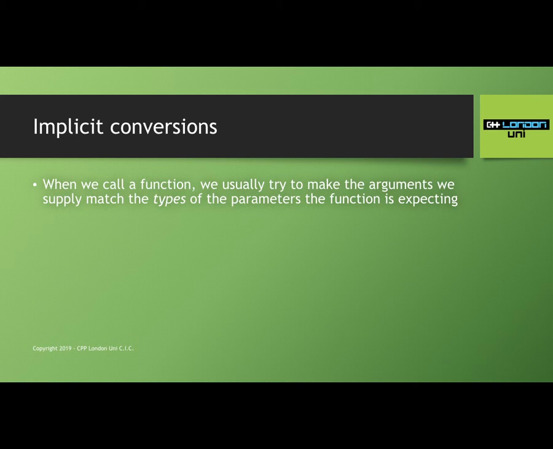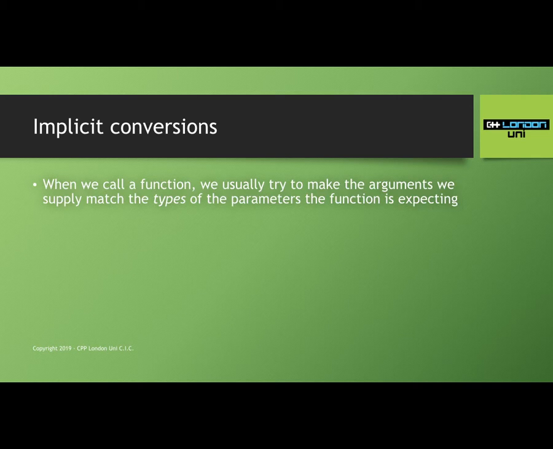So first of all, we talked about implicit conversions, and this is what happens when you call a function whose parameter types don't exactly match the arguments that you supply to that function. So if we have a function that takes a float, we are permitted by the language to call that function using an int, because int and float are in some sense compatible types.